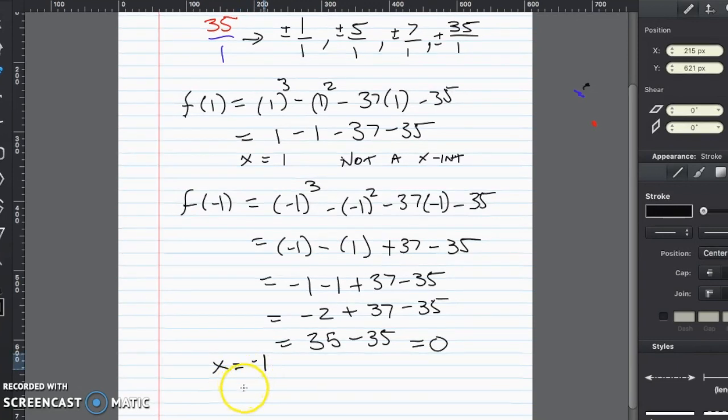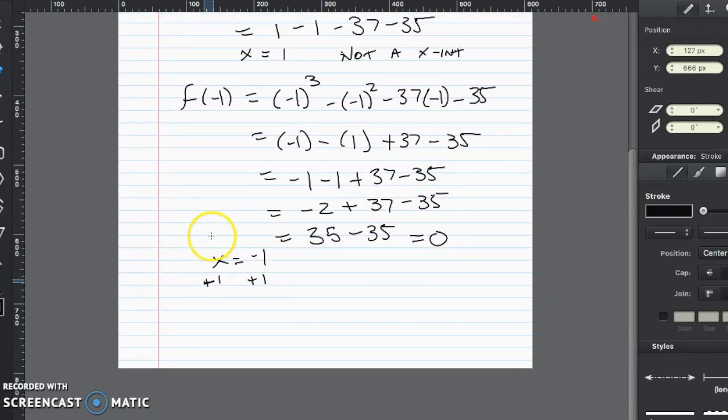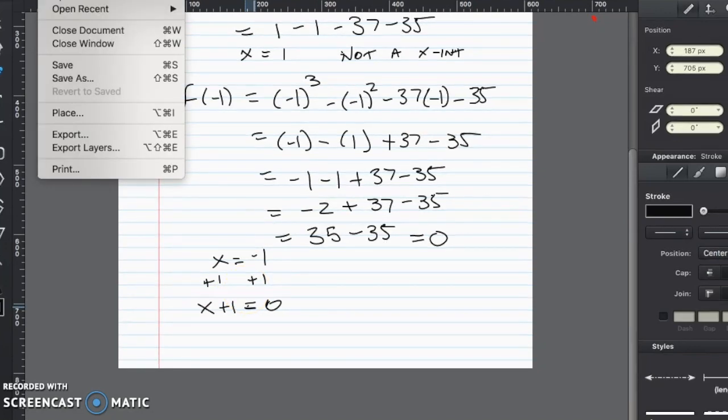Well, how can I use that as a factor? One of my factors then, I'll add 1 to both sides, and I'll get x plus 1 equals 0. So that is one of my factors there. So what can I do with this information? Well, let's get a new page here.